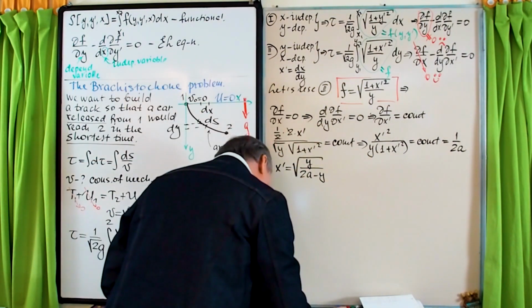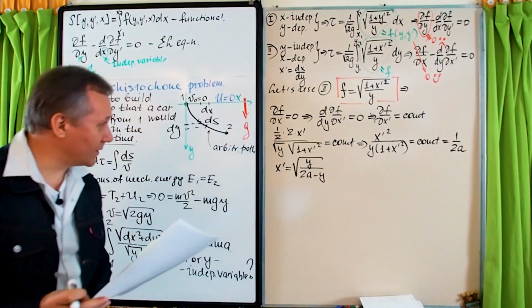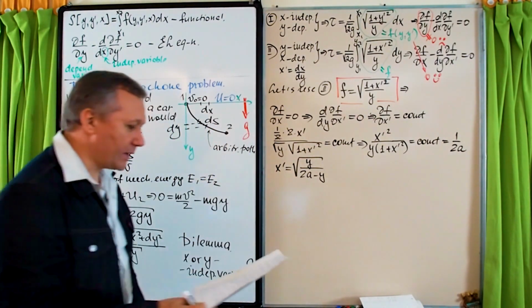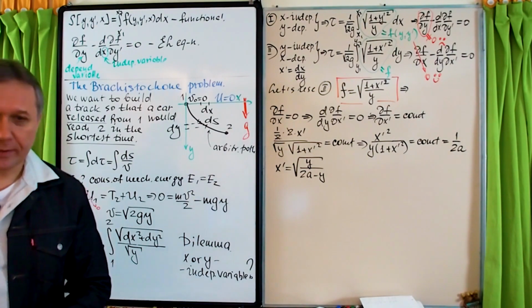Let me check to make sure that I didn't make any mistakes. Yeah, y divided by 2a minus y.